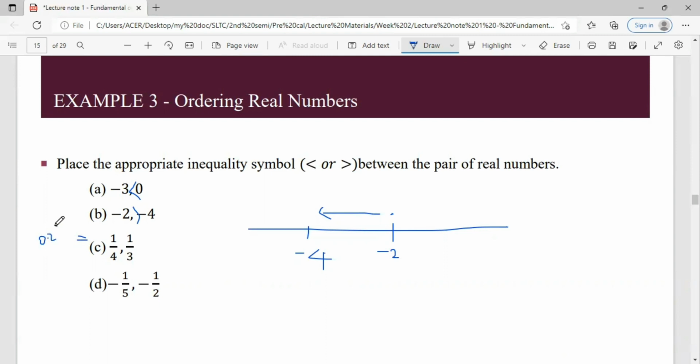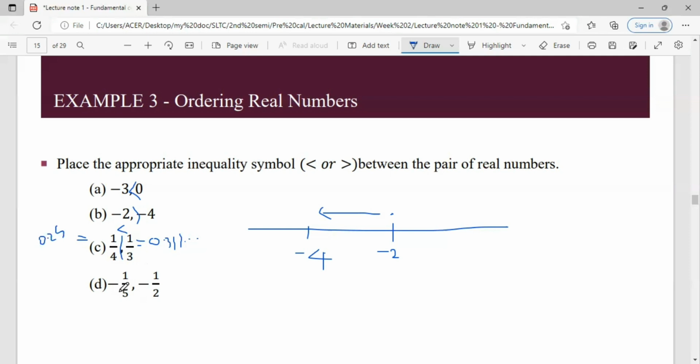Then what about 1 over 3? 1 over 3 means 0.333, and that continues, 3, 3, 3, 3. Then which one is the greatest value? We know that it is 1 over 3. So this symbol should be this way, right?